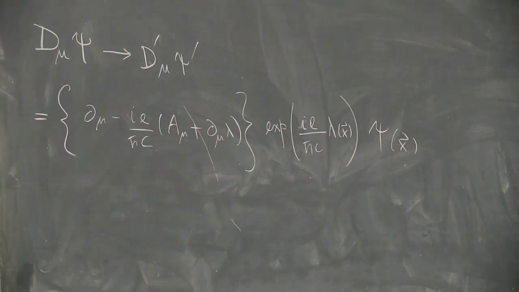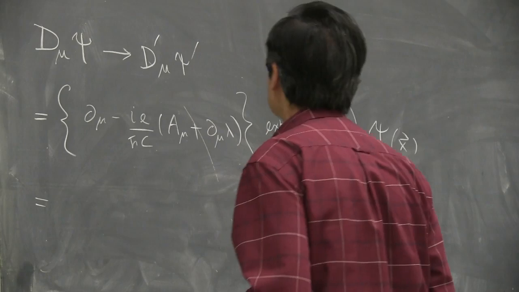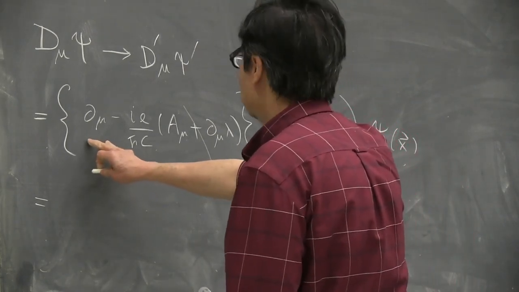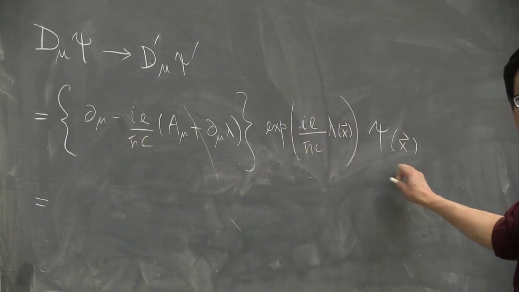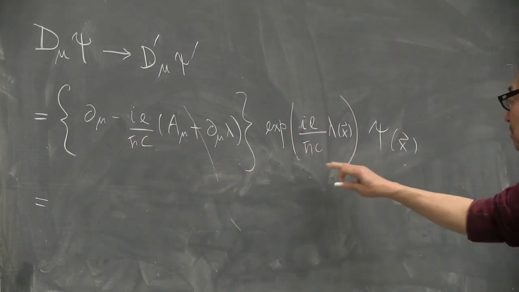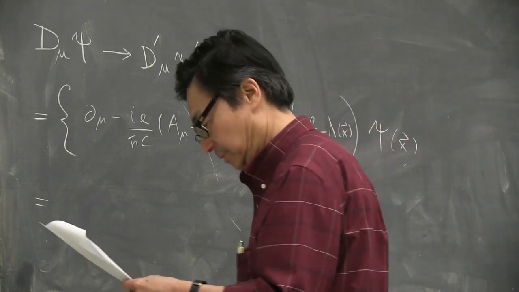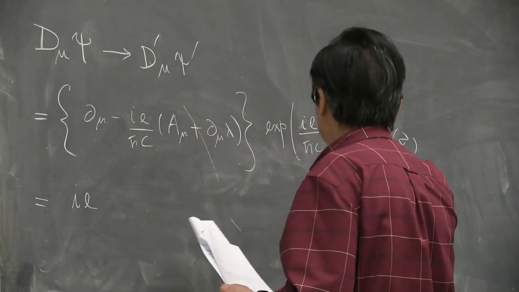Well, let's just crunch it out, so to speak. Now this partial derivative acts on the product of two things, so you have to use the product rule to differentiate that, which is quite simple actually. Let me differentiate the exponential first.